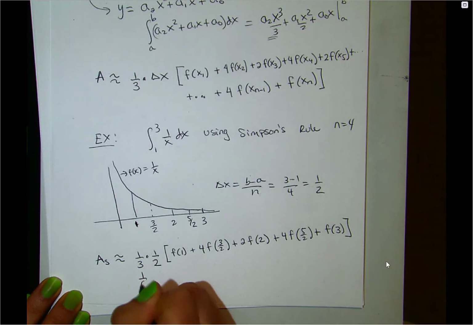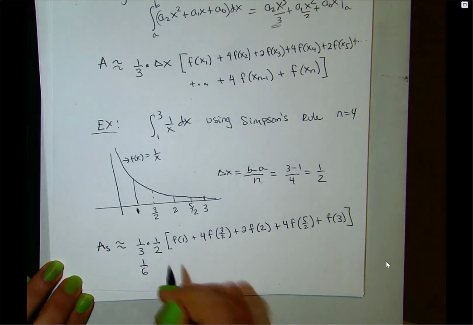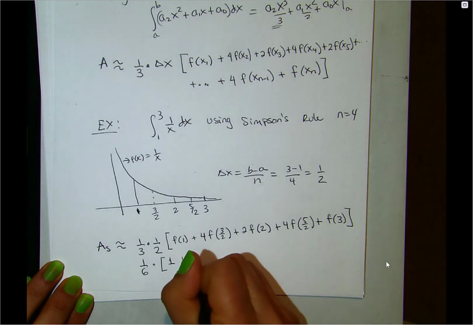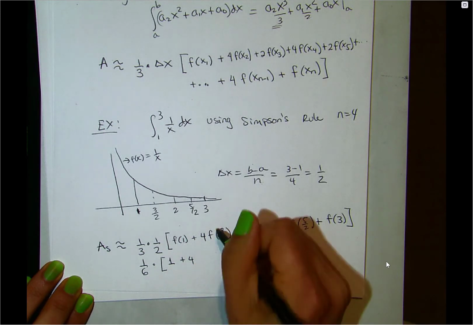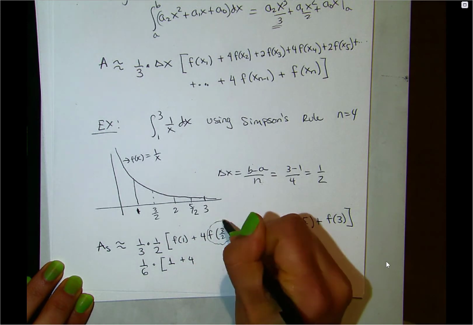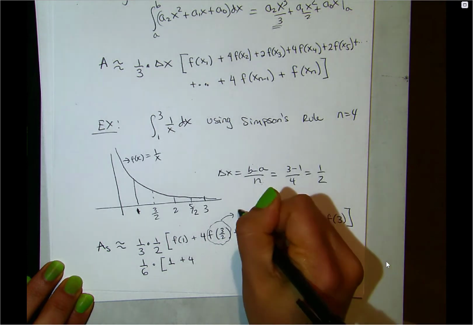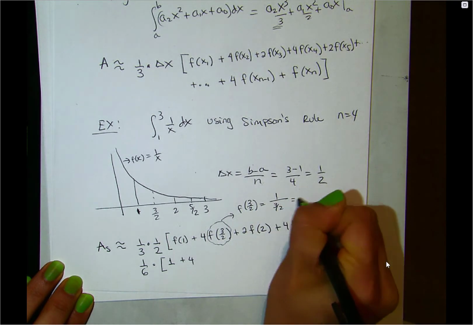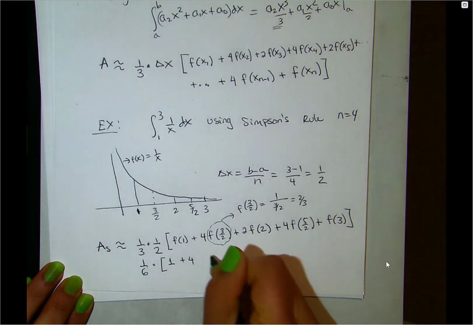So here I'm going to have 1/6 times f of 1, which we know is 1 over 1, plus 4 f of 3 halves. Remember, our function is 1 over x, so f of 3 halves is 1 over 3 halves, which just gives us the reciprocal, 2/3.